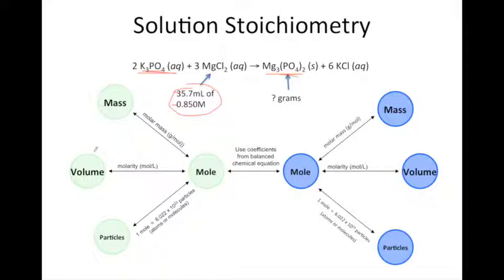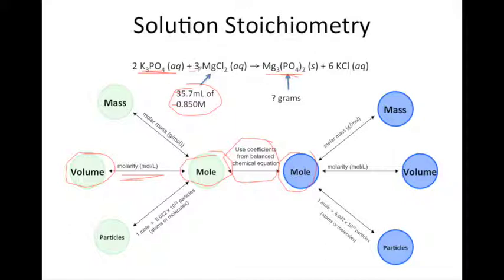Well, we're given the volume of our solution and the molarity of that solution. So let's convert our volume into moles using the molarity of A, in that case magnesium chloride. Then we can use our balanced chemical equation coefficients to convert it to moles of magnesium phosphate. That's what we're looking for. That would be our B.